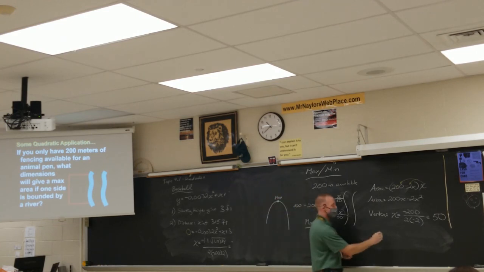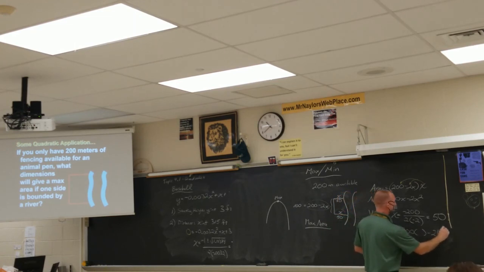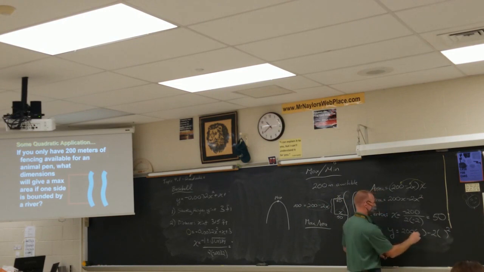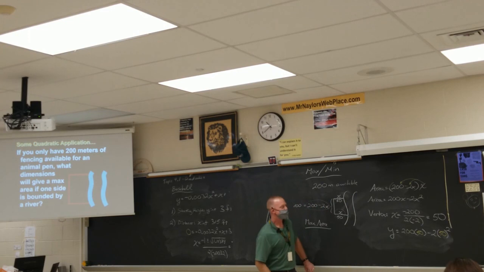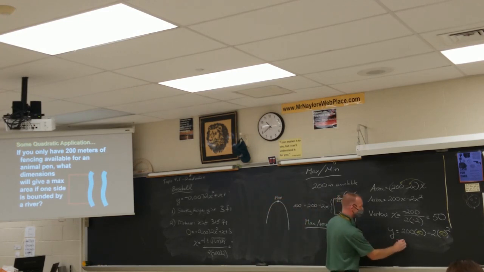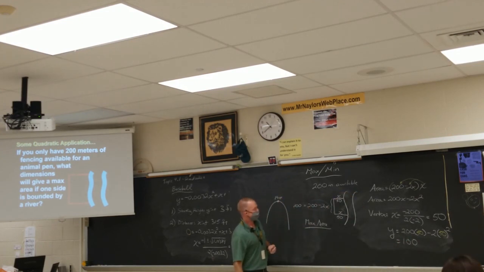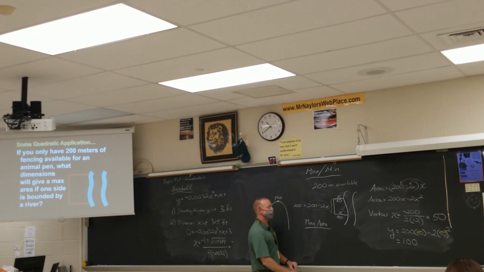A student that's a little more algebraic would say, I thought I was supposed to plug 50 back in. Okay, what happens if you plug 50 back in? Well, you get the same thing. You just get some bigger numbers until they subtract to still be 100. Okay, so the bottom line here is I have a 50 by 100.